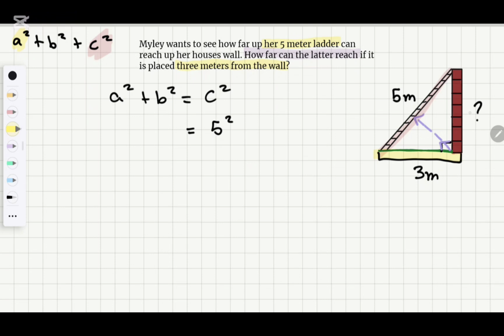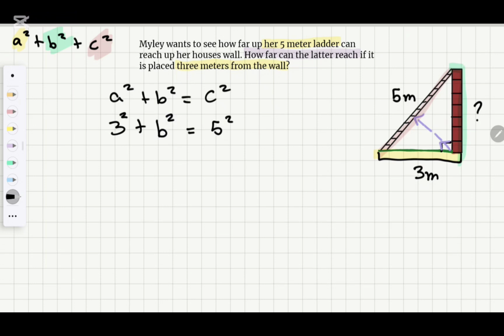You could go with the unknown value, but you'll get the same answer. And for b, I'm going to go with the wall. All right. So let me write in my values. A, we said, was 3 squared, and b, we do not know, so I'm going to leave it as b.